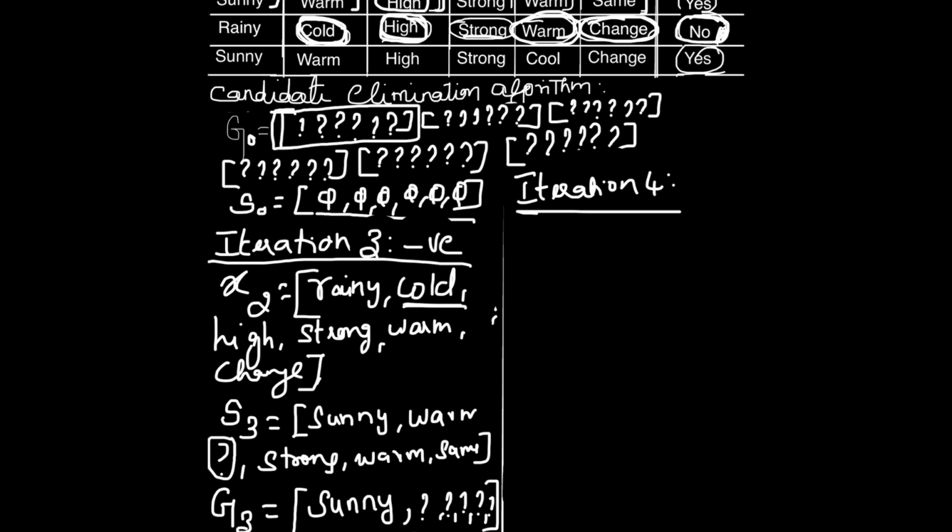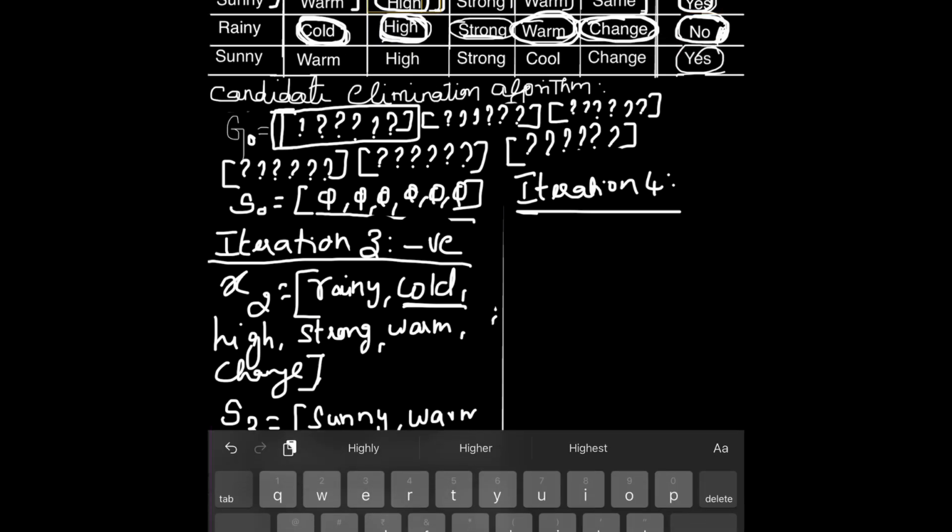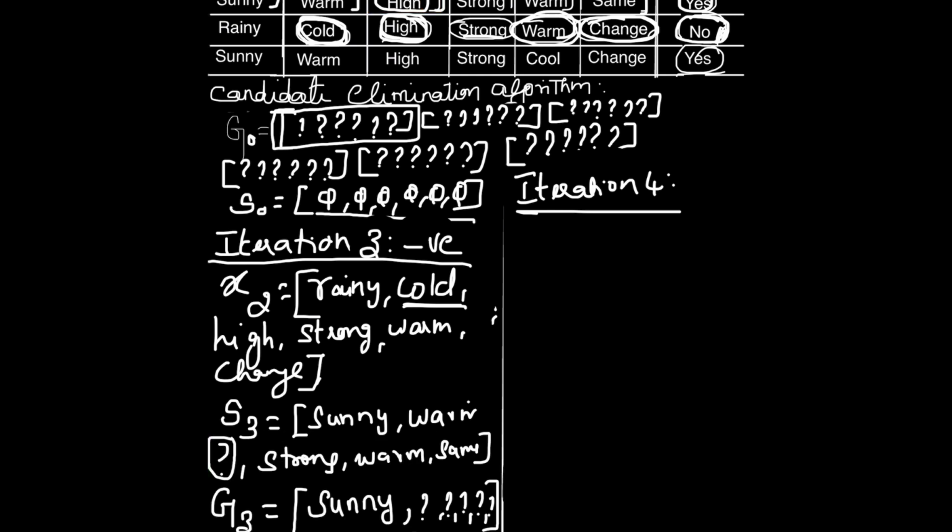It keeps on changing for the same output value S. The first sample with output S has humid value normal, and the second sample with output S has value high. So that is contradicting. Hence, we changed that value to a question mark in the specific hypothesis in the previous iteration. So there itself we concluded that this attribute is not contributing maximally to the outcome prediction.